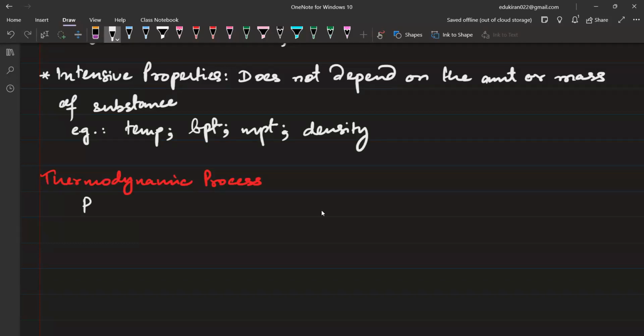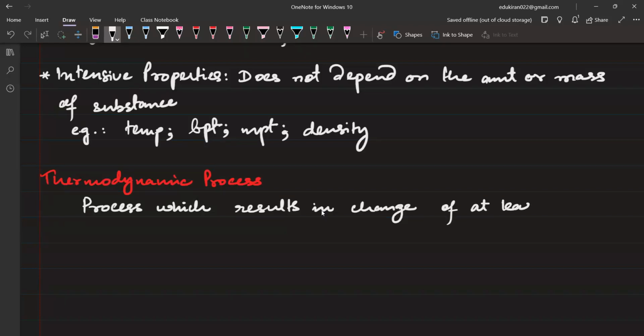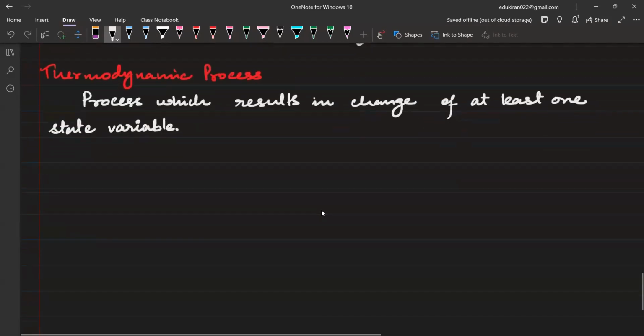Please write: process which results in change of at least one state variable. If at least one state variable changes, then it is called a thermodynamic process.